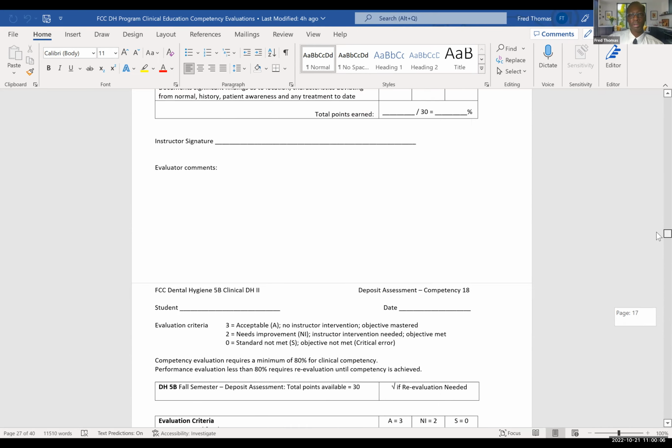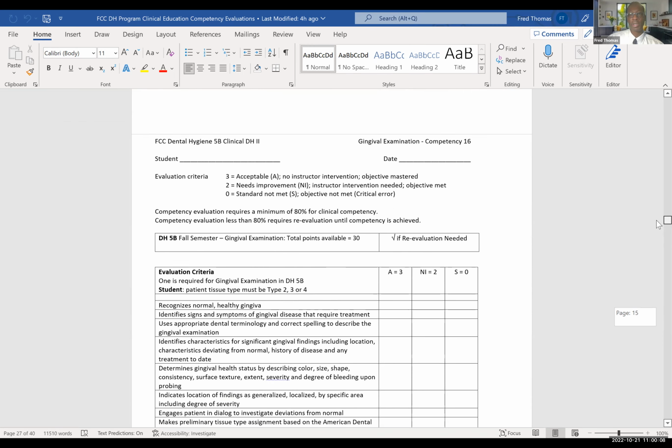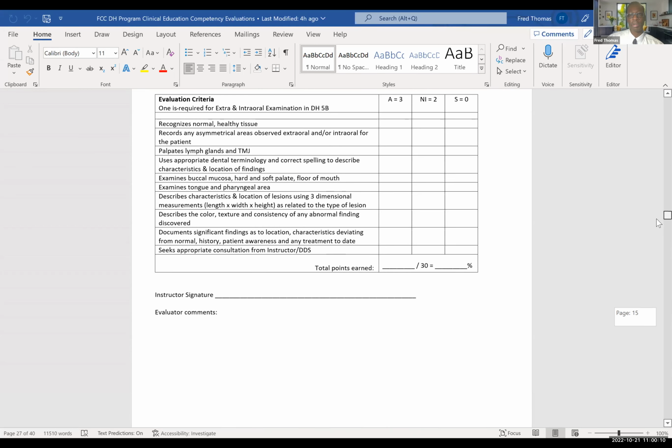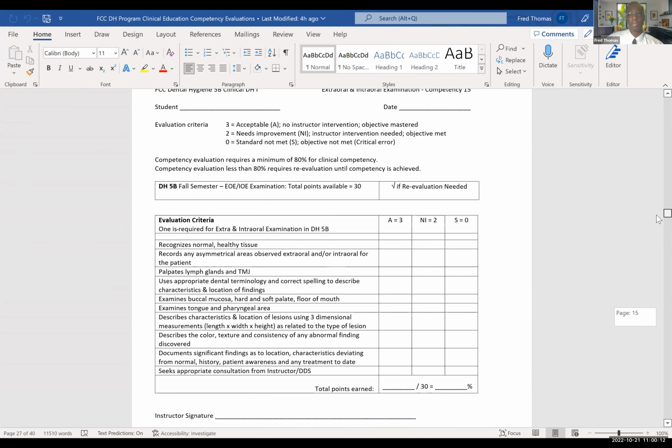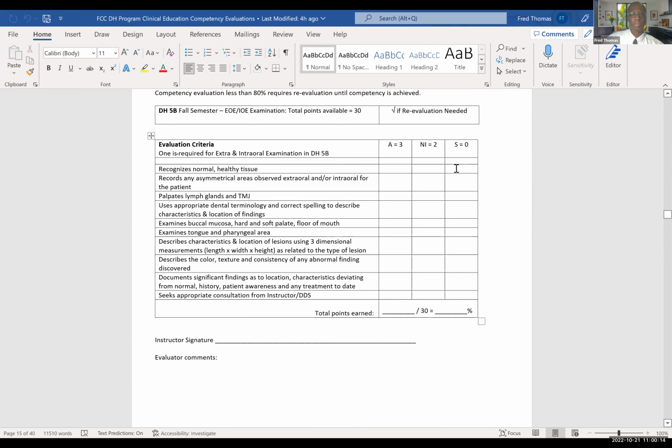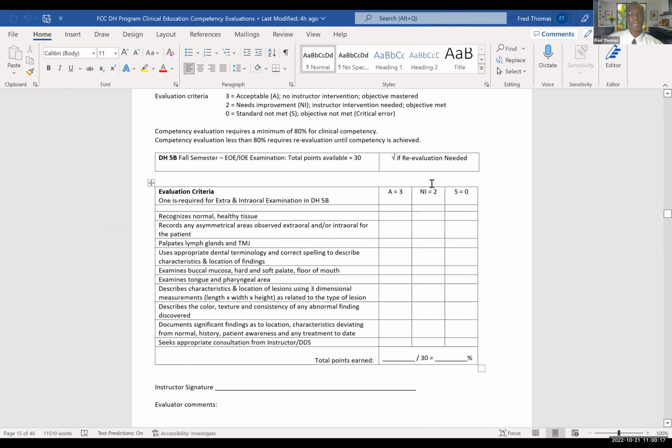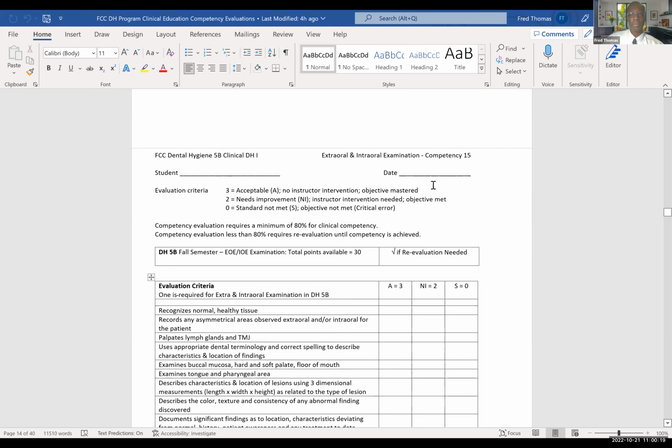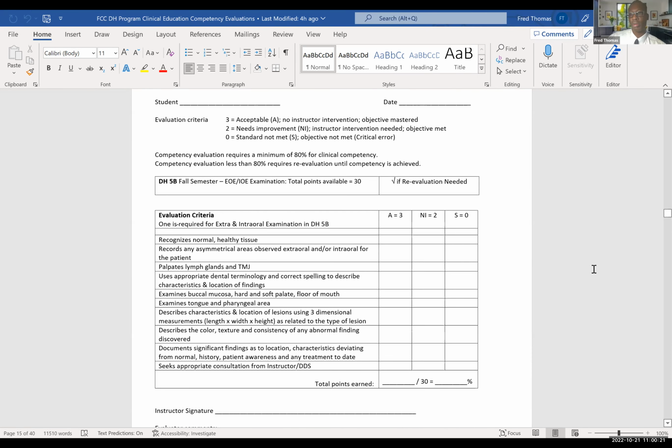I'm going to just toggle to CE number 15 for purposes of showing the data, going back to the second clinic.